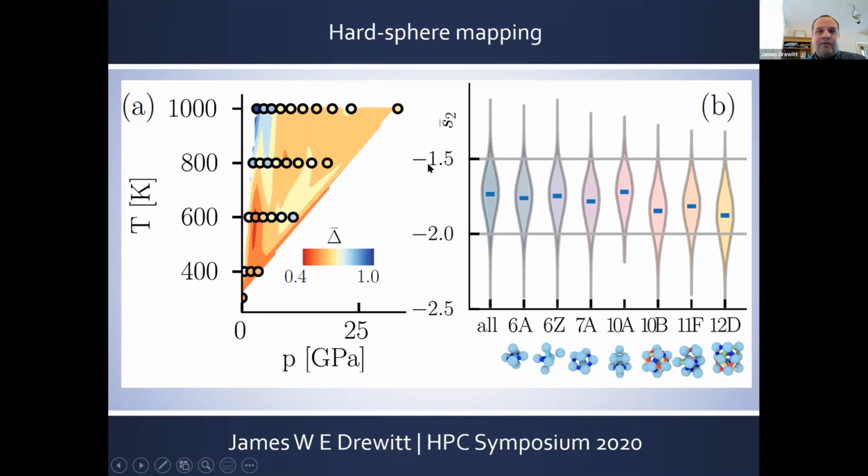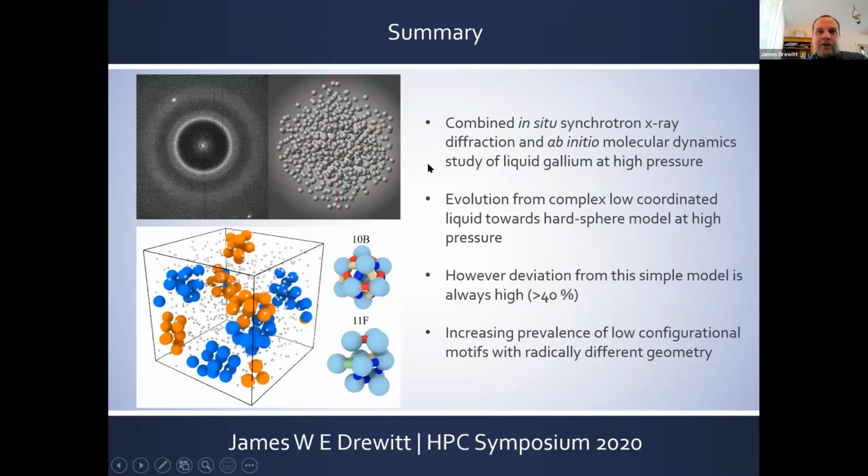So in summary, we performed a combined in situ synchrotron X-ray diffraction and ab initio molecular dynamics study of liquid gallium to high pressure conditions. And the results reveal an evolution from a complex low coordinated liquid at low pressure towards increasing resemblance of a hard sphere structure at high pressures.